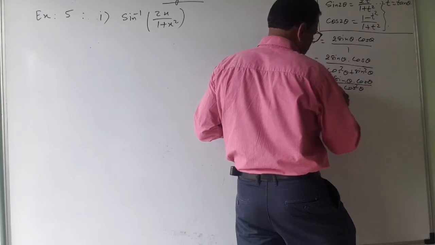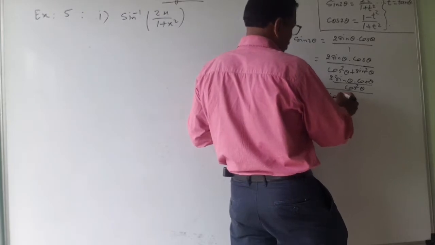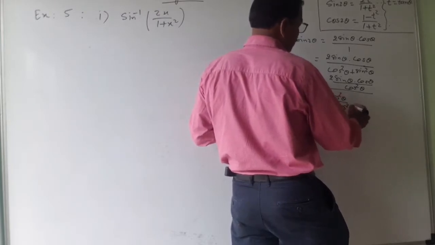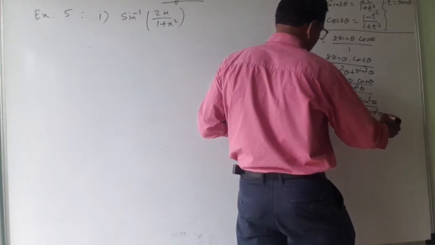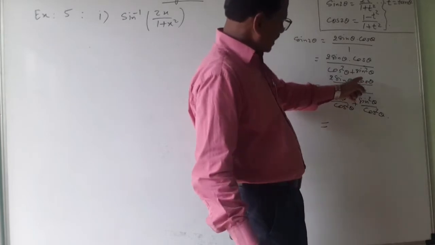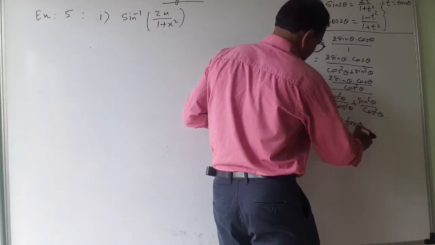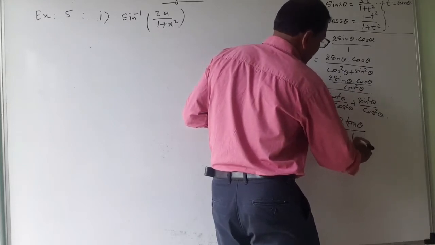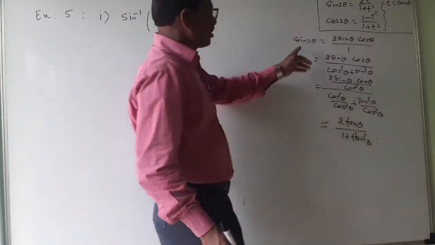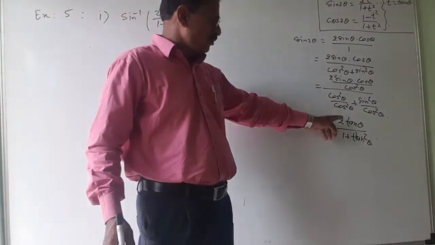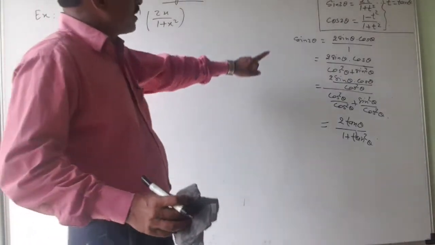In the other videos also I have explained this, and here also I am explaining it. It is very essential. Now one cos will get cancelled and it will become 2 sin theta upon cos theta, meaning 2 tan theta, upon 1 plus tan square theta. So definitely you have understood that sin 2 theta is equal to 2t upon 1 plus t square, where t is tan theta.